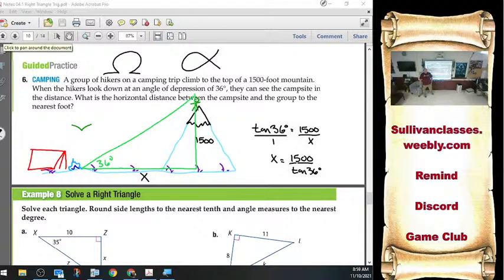If I were to cross multiply now, don't I still have 1,500 times 1 and x times tangent of 36? So in means and extremes in a ratio, you can swap the things that are kitty corner from each other because the cross products will still be the same. It'll save you the work of having to cross multiply and divide. You just whoop.